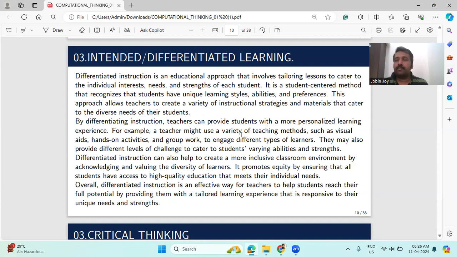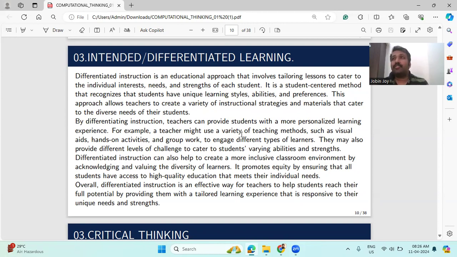There are 30 students inside your classroom, and 15 students are interested in the lecturing concept, but the remaining 15 students understand the concept by seeing something visually, through visual aids, or they are interested in doing hands-on activities, or they learn through practical experience. But you are engaging the students through lecturing only, so how will they understand? 50% of students will understand, and the remaining 50% are not properly engaged in your classroom.